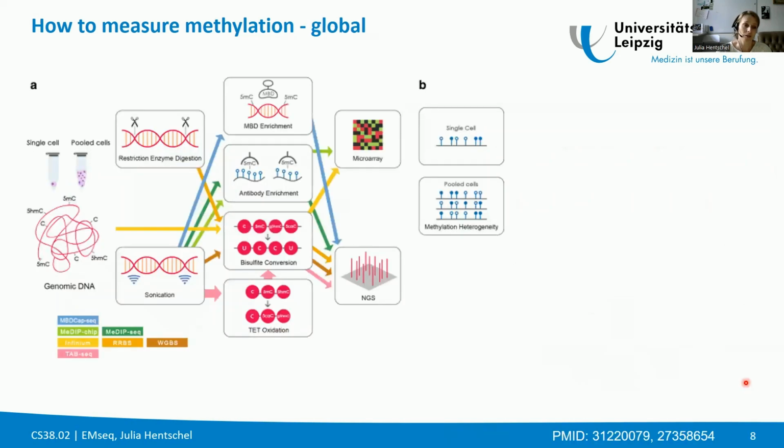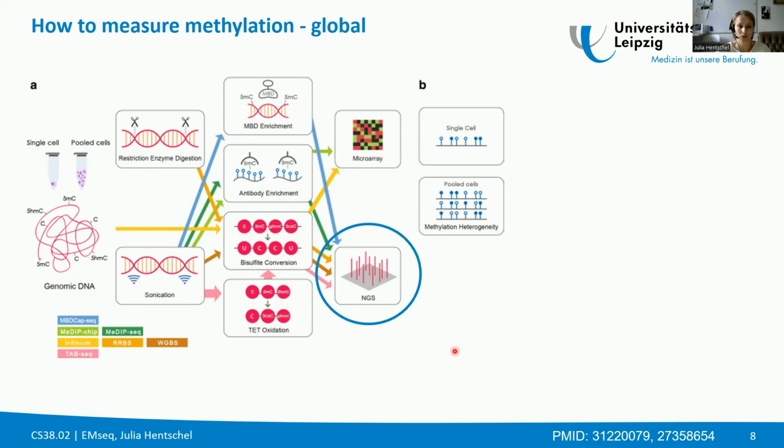The other possibility is to measure the DNA methylation in a global setting, where you don't need a hypothesis. The DNA is converted, and then you can read out that conversion with microarrays or NGS techniques.